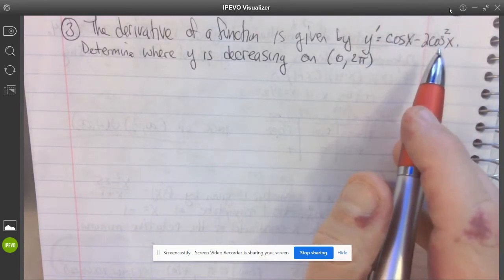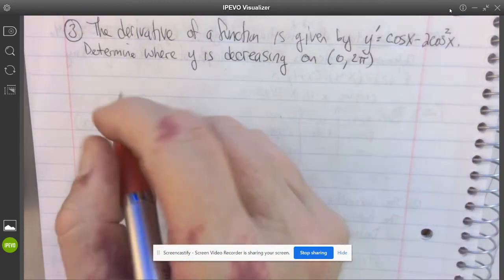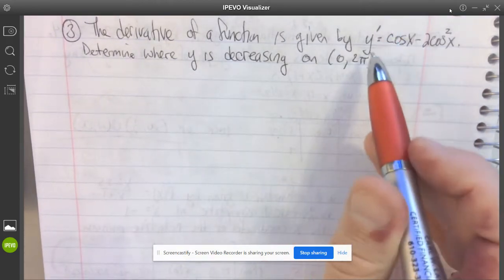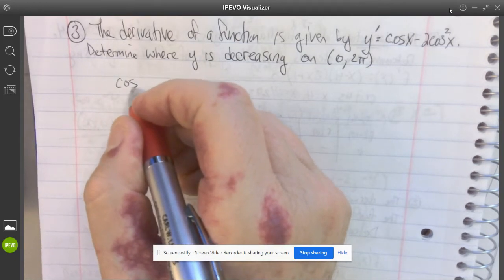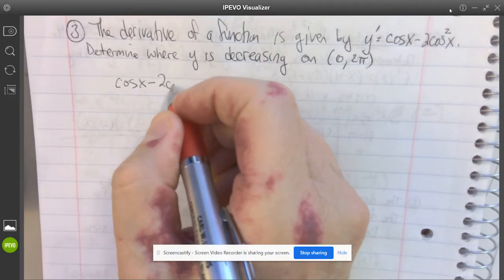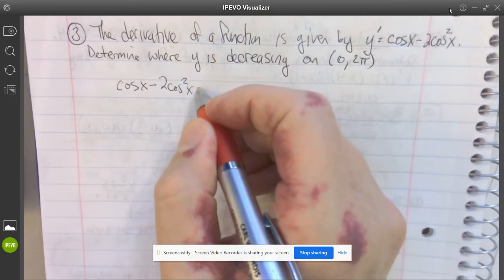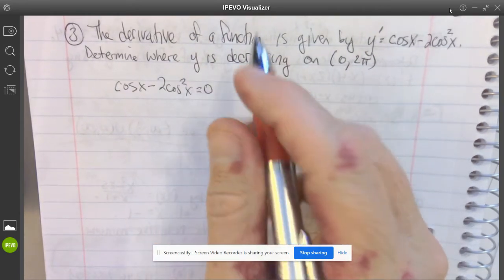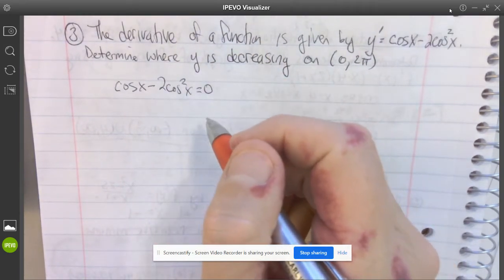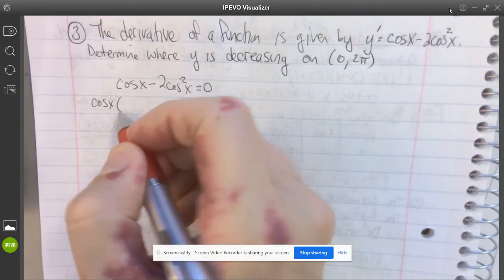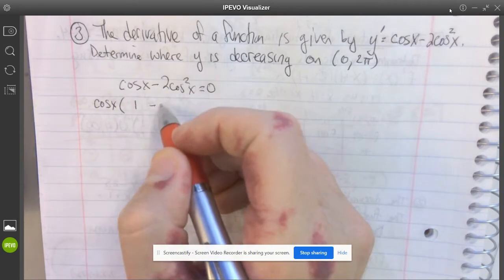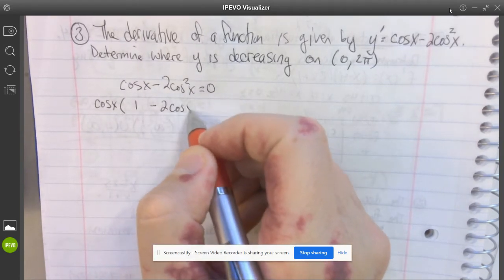We're already given the derivative, so we need to figure out where the derivative is 0. So we're going to set cosine x minus 2 cosine squared x equal to 0. I'm going to factor out a common factor: cosine x times 1 minus 2 cosine x.